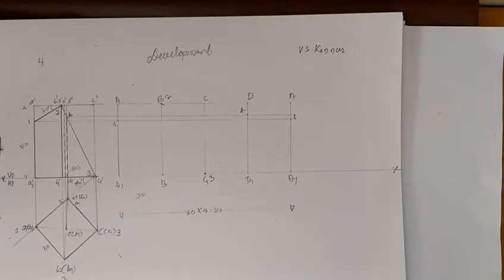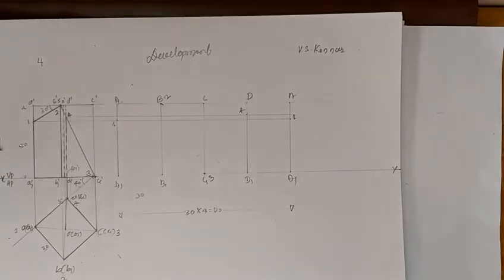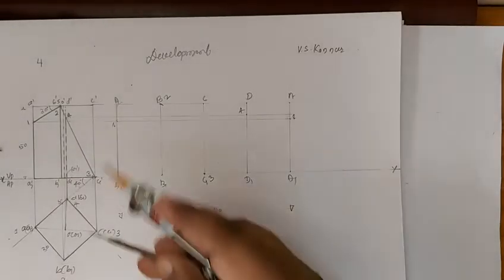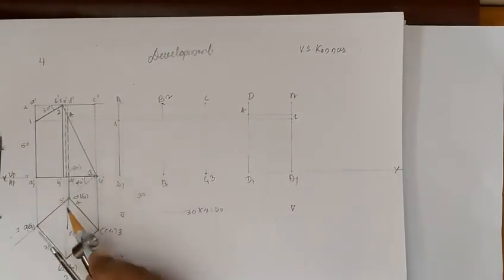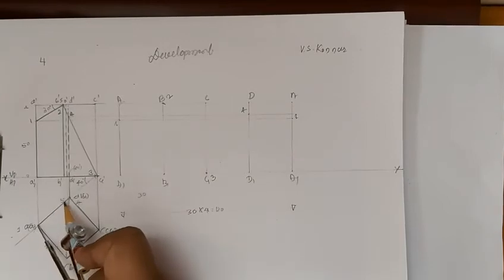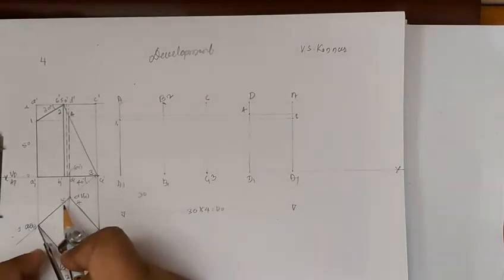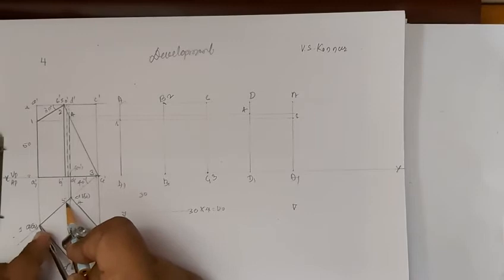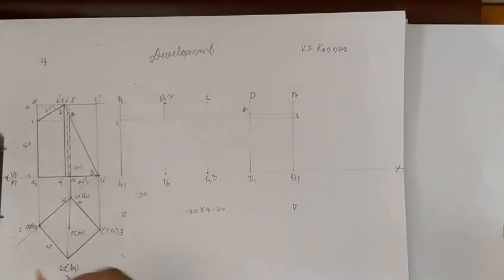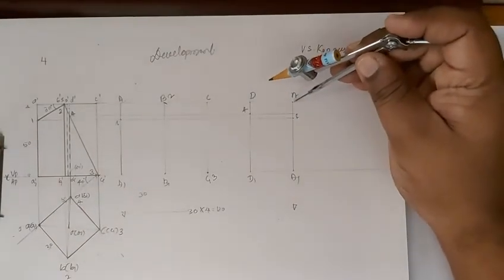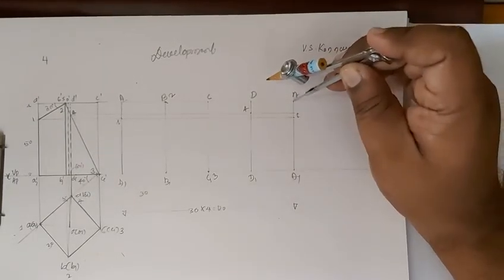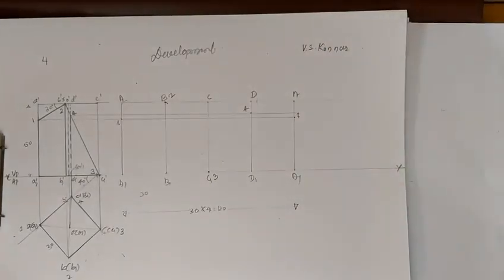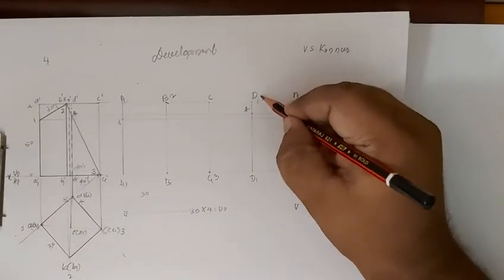It is at a distance of D to A, or you can take the A to fifth distance. From A I am taking the A to fifth distance and cutting it. If you take it from D, you can cut it from D. Now I have taken it from A, will cut. So here we will get the fifth point.